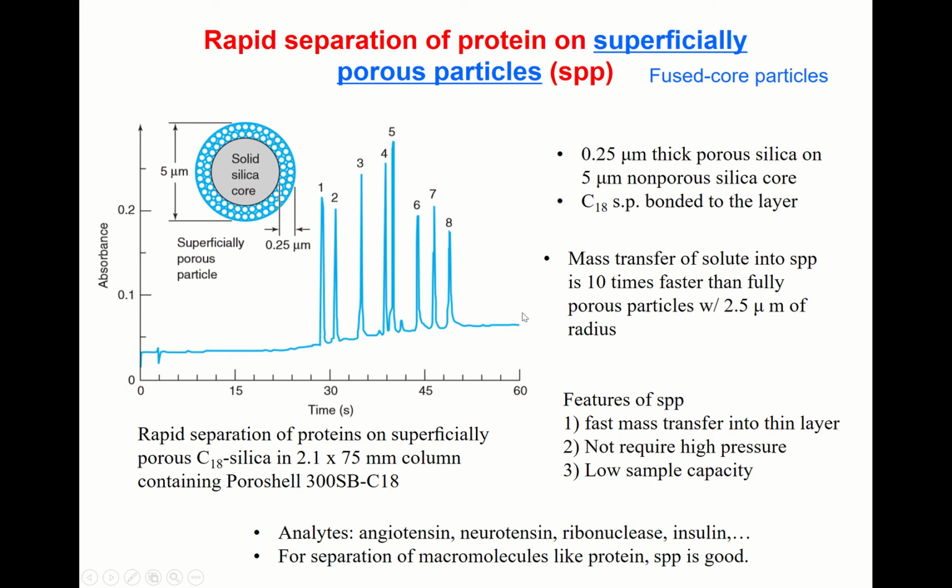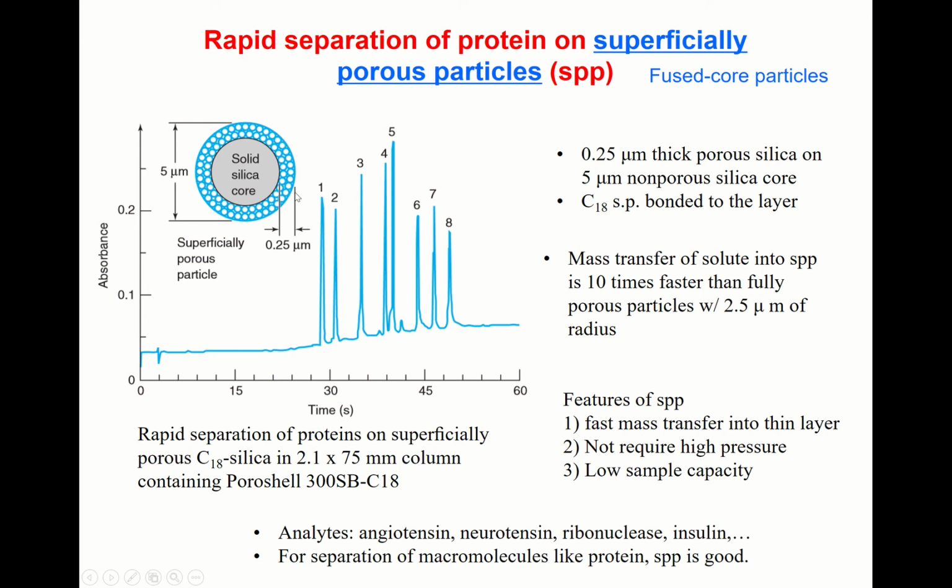On the surface, C18, the stationary phase, is bonded to the layer. Since this layer is thin, mass transfer of solute into this SPP is 10 times faster than with fully porous particles. If you use fully porous particles, mass transfer will be very slow.